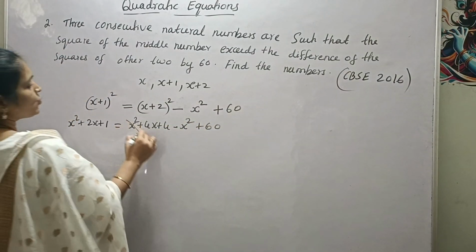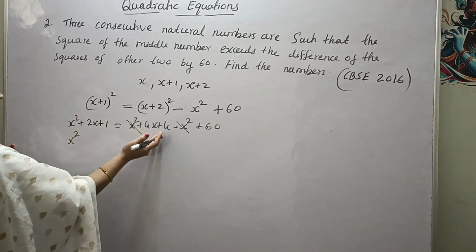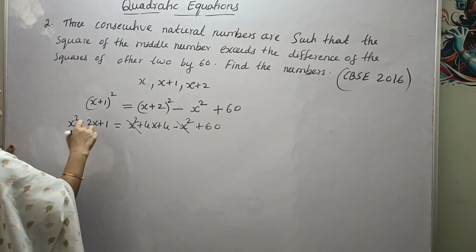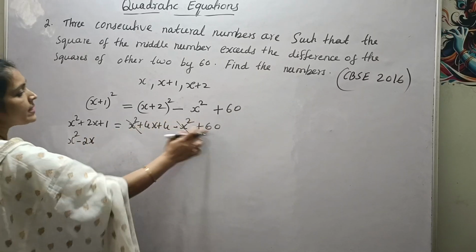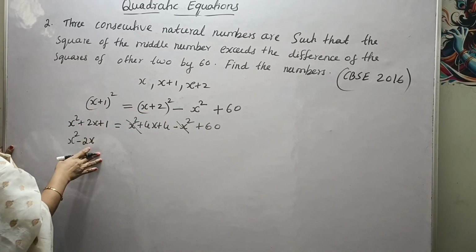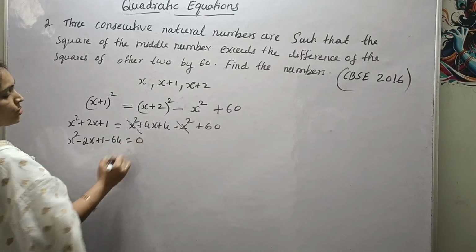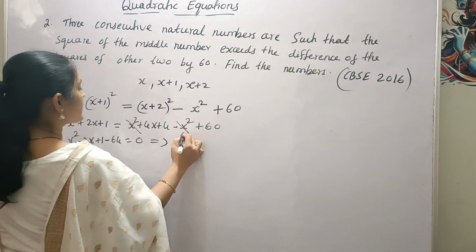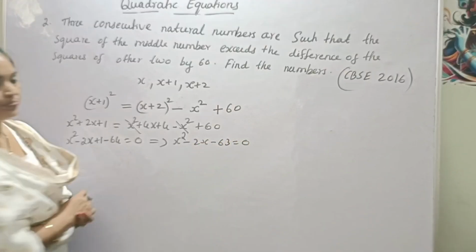So here x square minus x square cancelled. Then take 4x this side, it will be 2x minus 4x, that is minus 2x. And here it is 64, take this 64 to the left side, it will be plus 1 minus 64 is equal to 0. That implies x square minus 2x minus 63 is equal to 0.